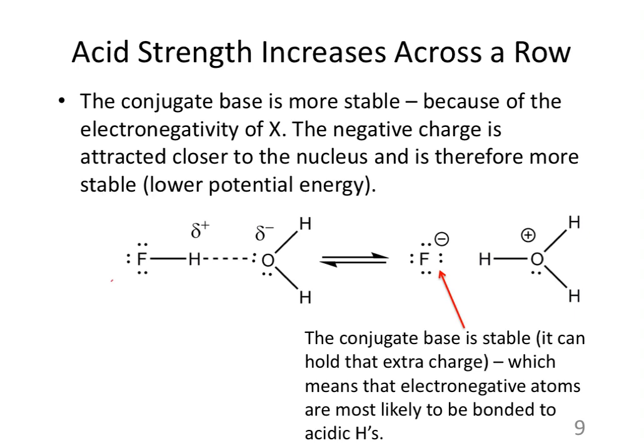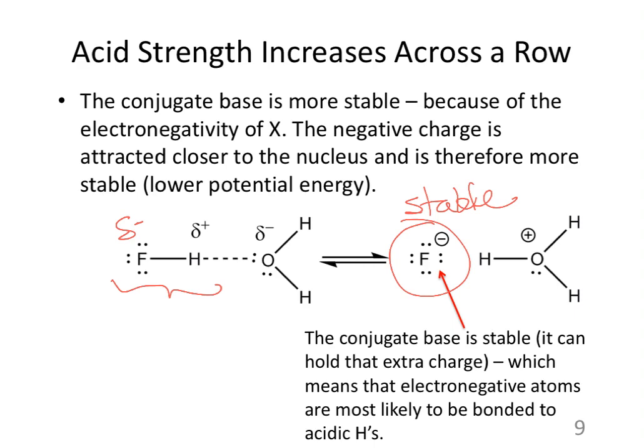So the fact that hydrogen fluoride is quite acidic has a lot to do with the fact that fluorine is an electronegative atom. Because not only does that mean that the conjugate base, F minus, is stable, it also means that hydrogen fluoride itself is very polar.